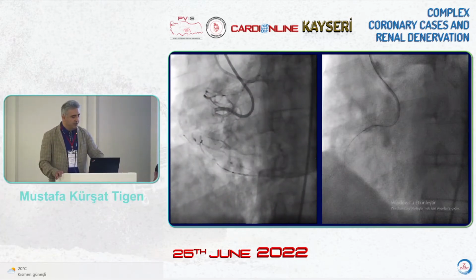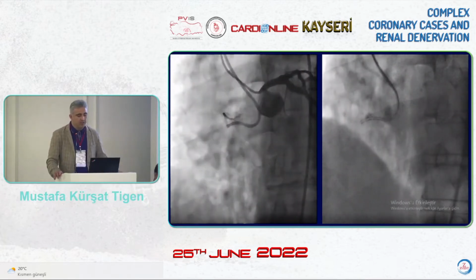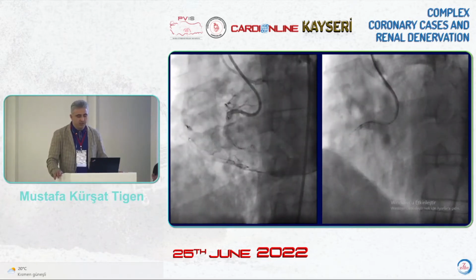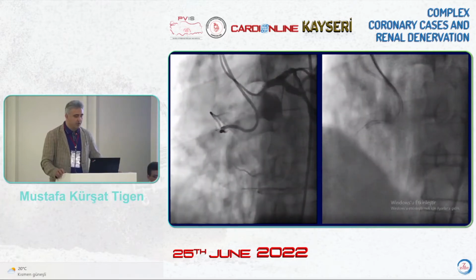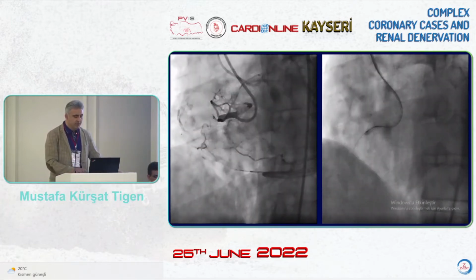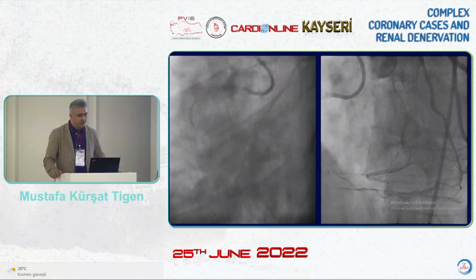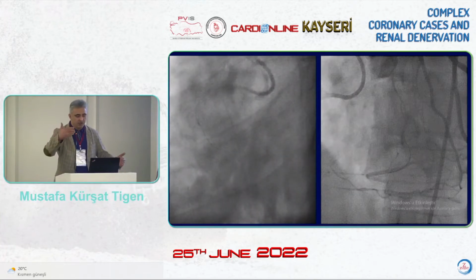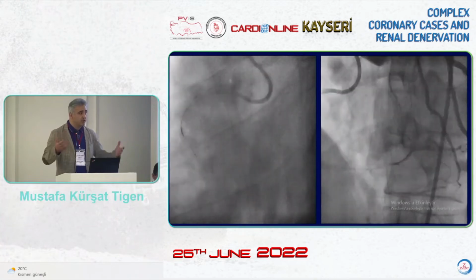a long segment CTO is seen, and in the distal segment there is a channel and a side branch. This is a filter wire. And with gentle manipulation, you catch the microchannel. When the segment is such that the wire is not enough to penetrate, you need to have the microcatheter.